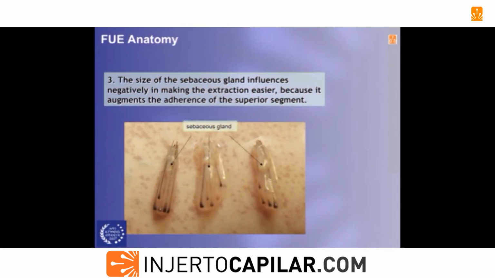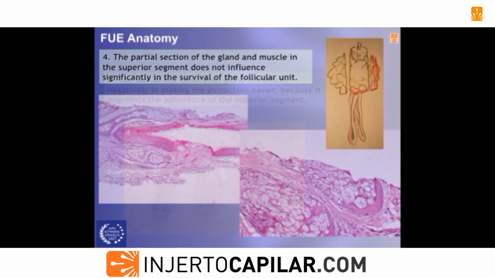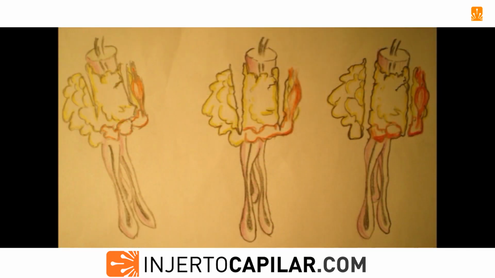The bigger the longitudinal diameter of the sebaceous gland, the deeper the penetration of our punch in the tissue, increasing technical issues. We always peel and leave part of the sebaceous gland in the field with our punch, but this doesn't have any influence on the survival of the graft.